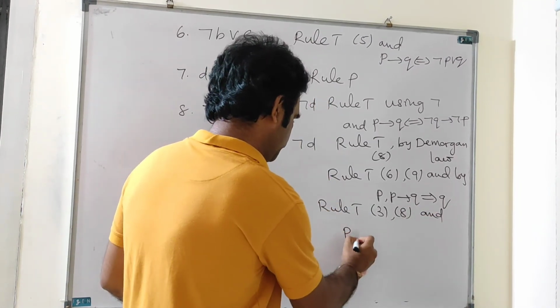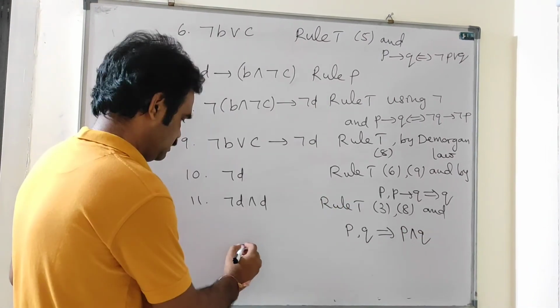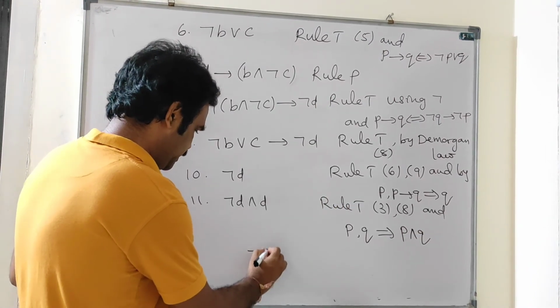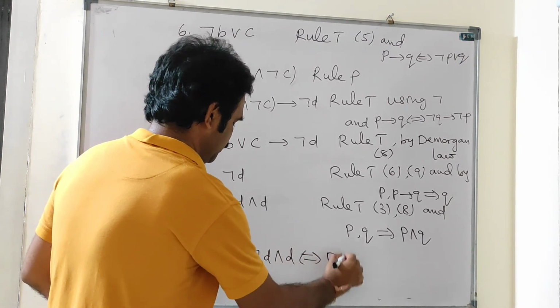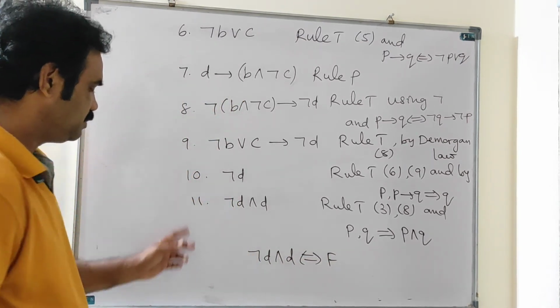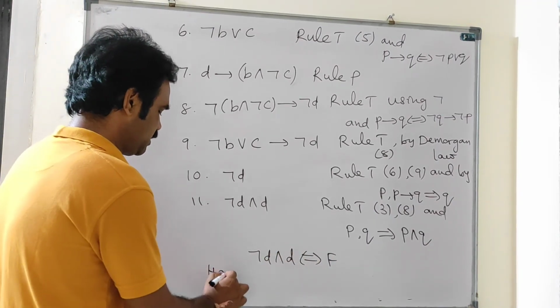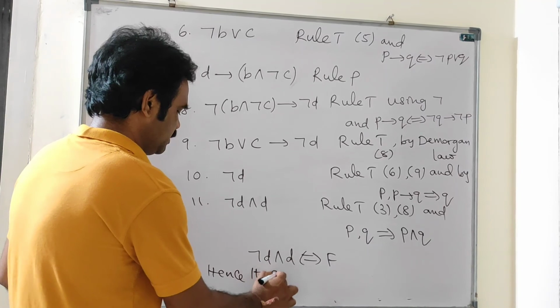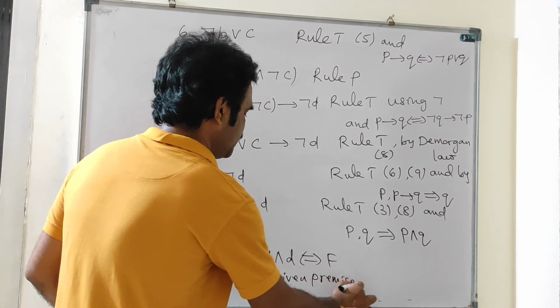And the reason is P, Q imply P and Q. There is conjunction. Okay. That means negation D and D is equivalent to F. That means we get a contradiction. Hence, the given premises are inconsistent.